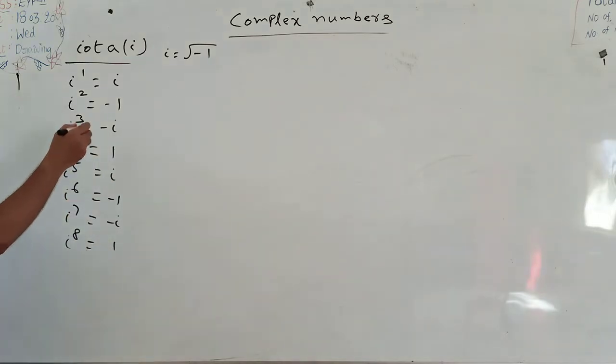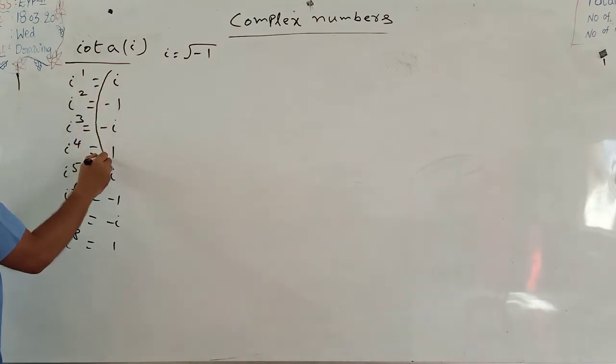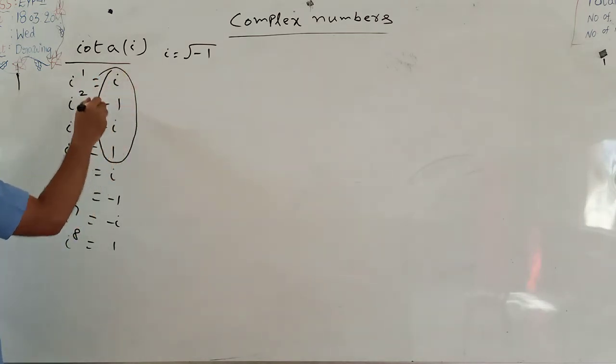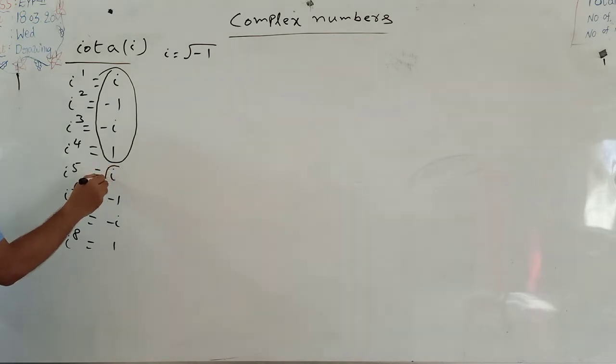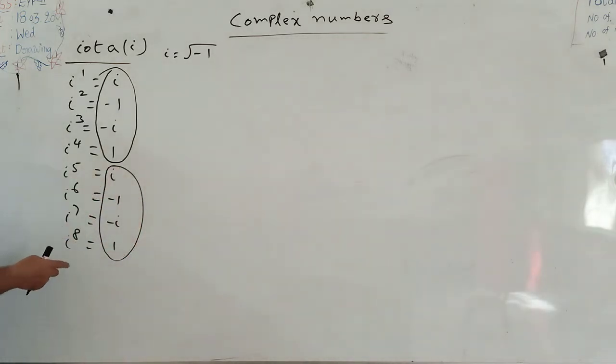So by observing these values, i power 1, i square, i cube, i power 4 values are the same as i power 5, i power 6, i power 7, i power 8. Similarly, i power 9, i power 10, i power 11, i power 12 values are also i, -1, -i, plus 1.